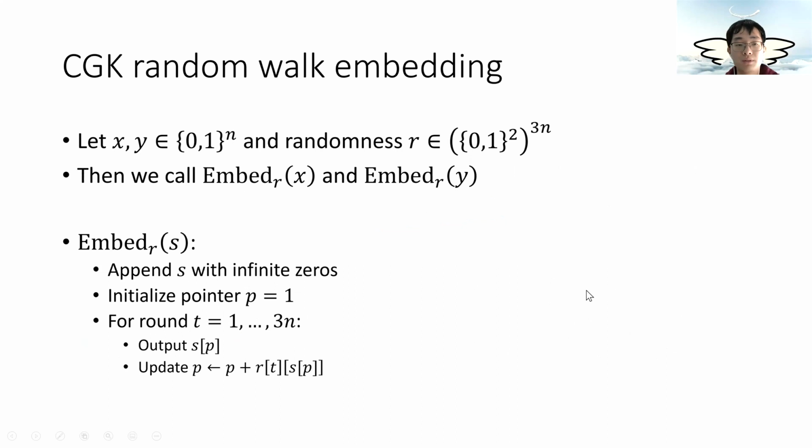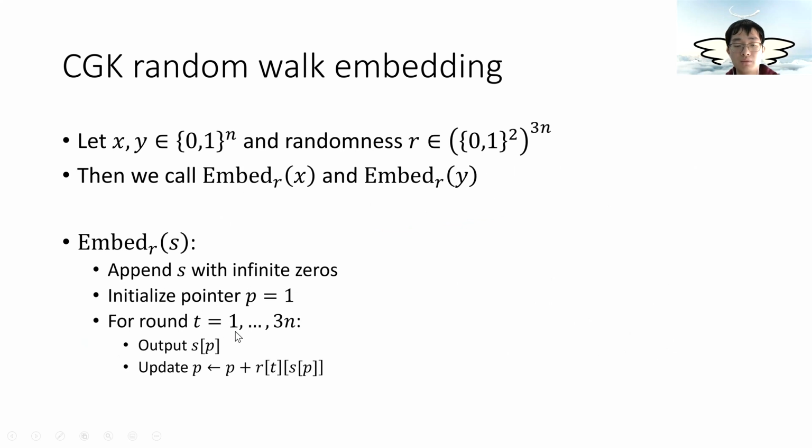Here we describe their random walk embedding. Let x and y be two strings, and we have a randomness tape R. Then we will run the embedding on x and on y separately. Assume we are doing the embedding on string s. First we append s with infinitely many zeros, and we initialize a pointer p, which starts from 1.